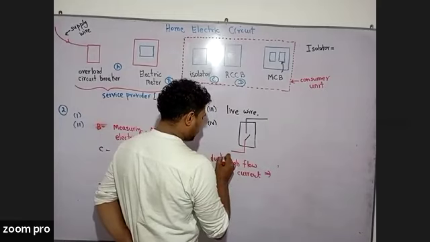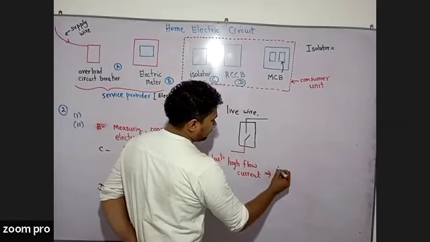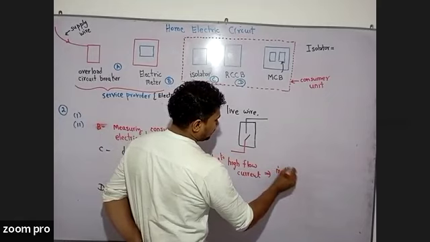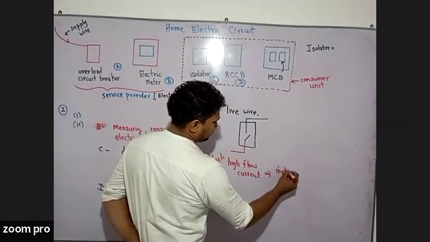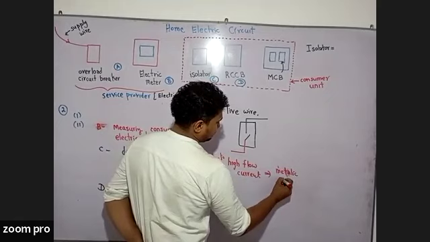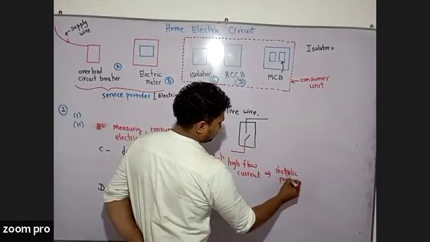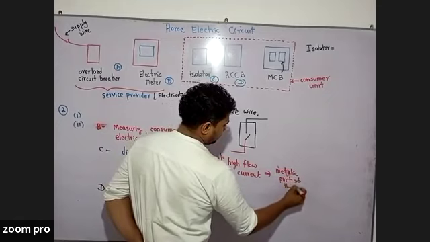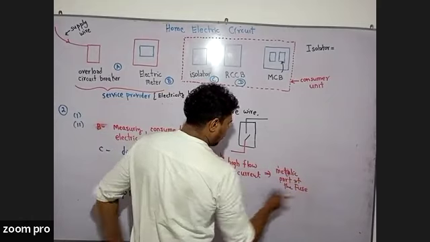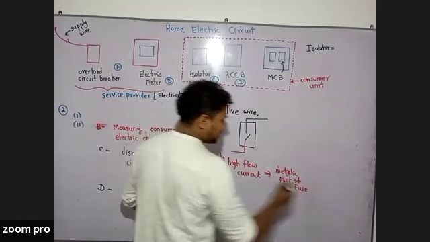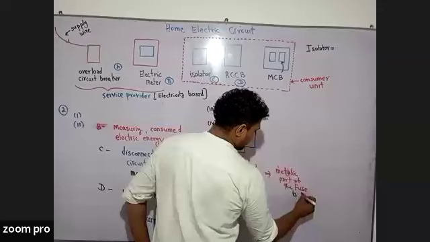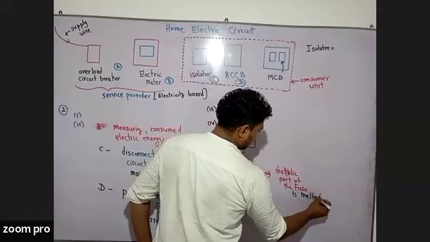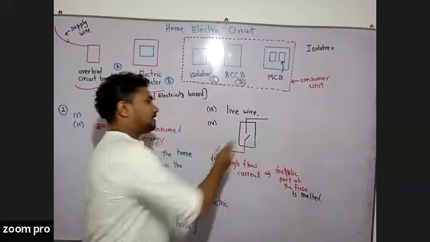Due to high flow current, this metallic part of the fuse is melted, right? So then what happened?